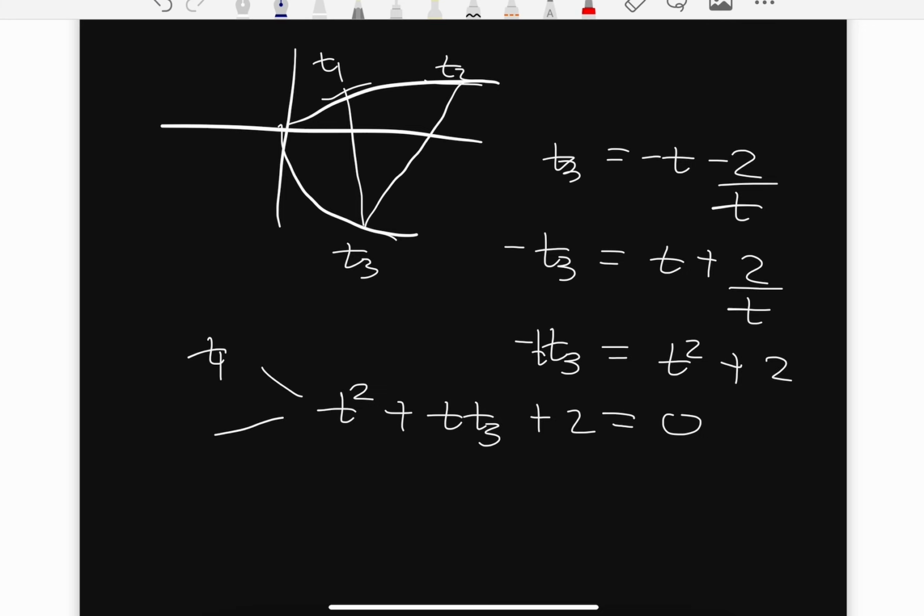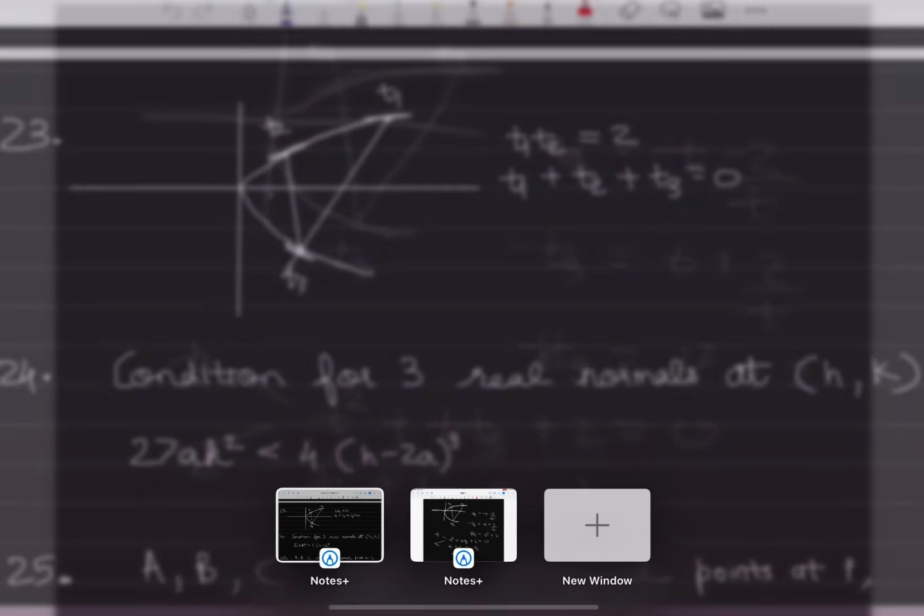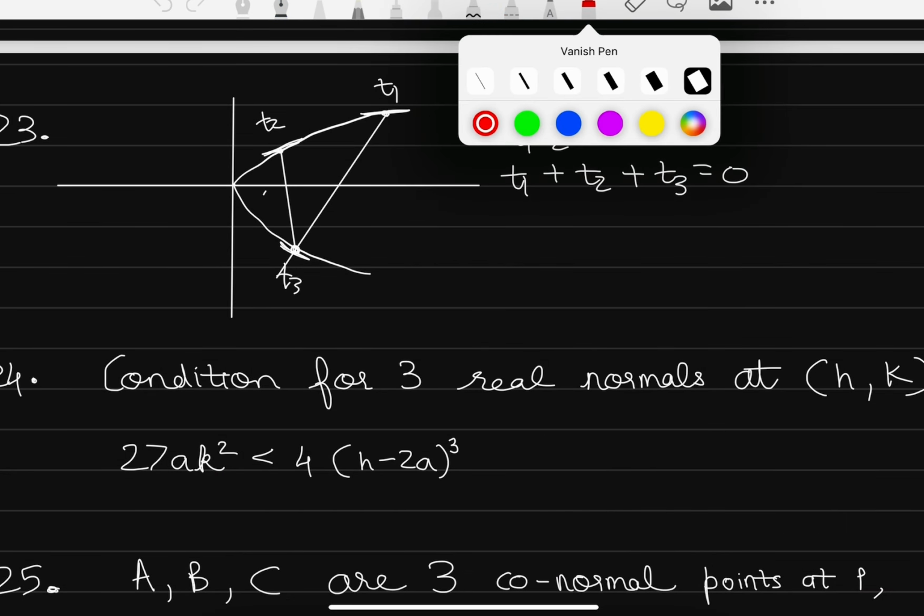So the roots are T1 and T2 because T3 equals minus T1 minus 2 by T1 as well as minus T2 minus 2 by T2. So the sum of roots T1 plus T2 equals minus T3 and the product of roots T1 T2 equals 2. So T1 T2 equals 2, T1 plus T2 plus T3 equals 0. We have the same result.